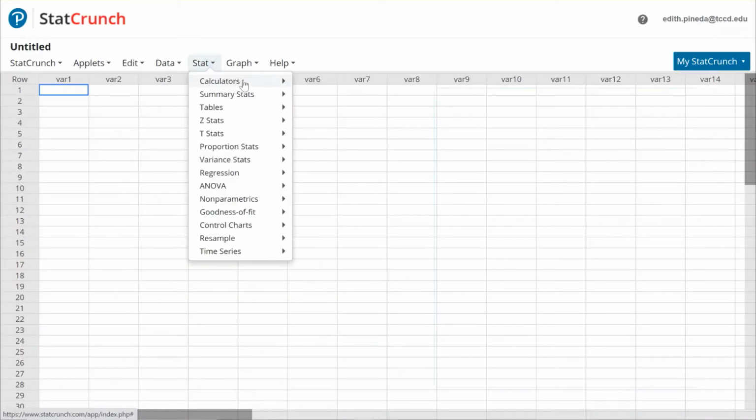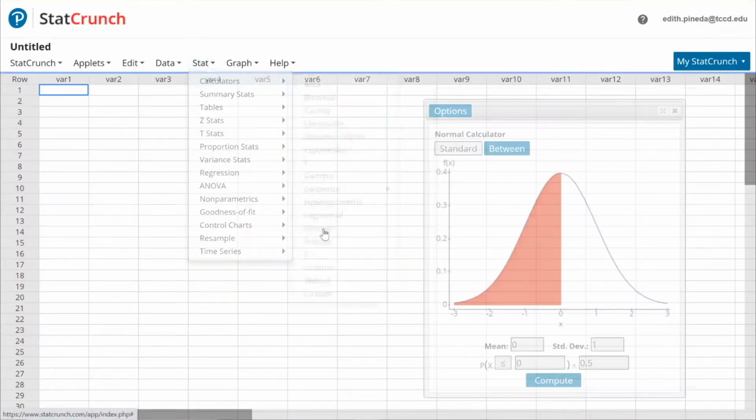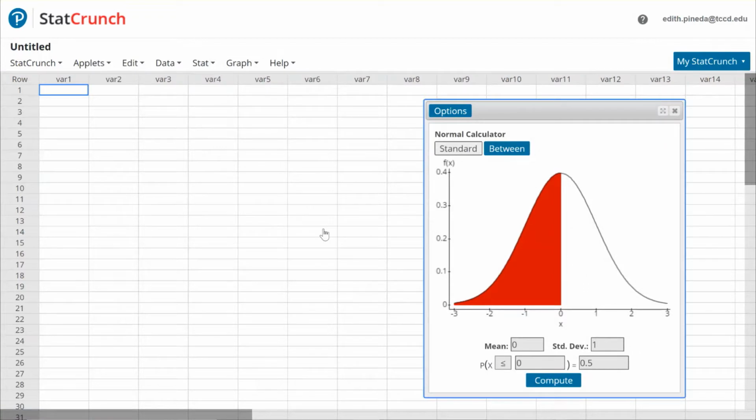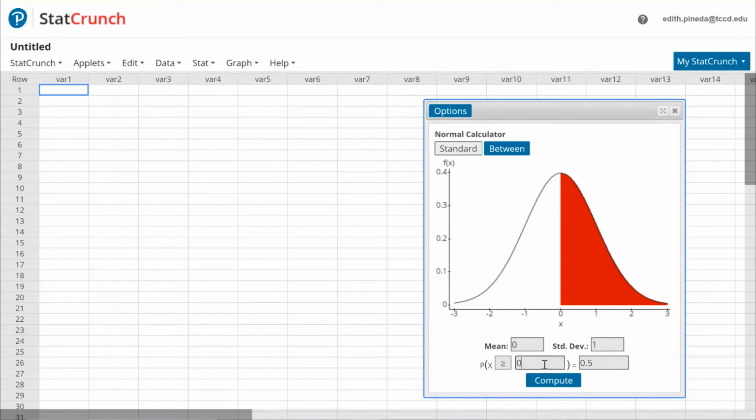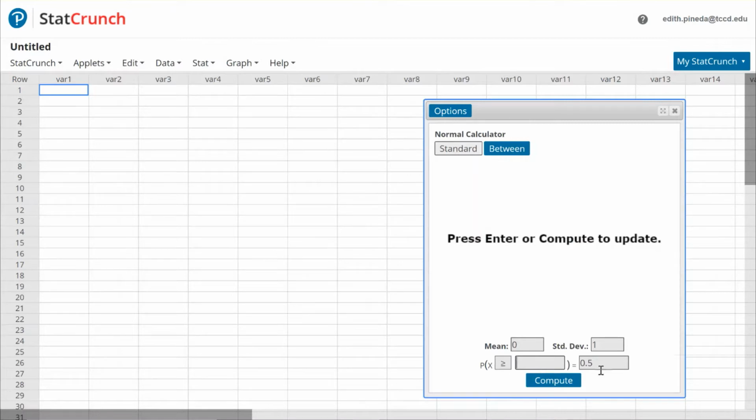Let's go to Stat, Calculators, Normal. And we want to find the z-score that has an area of 0.025 to the right. So because it's a z-score, we will have a mean of 0 and a standard deviation of 1. We have the area to the right, so we will change this to greater than or equal to, and then we will remove this value.